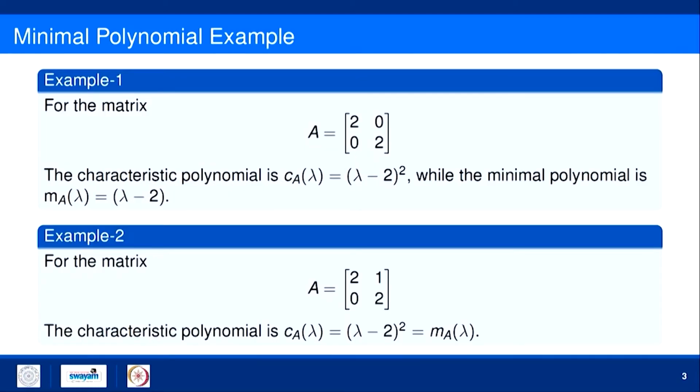Now see the example. Consider this 2 by 2 diagonal matrix. The characteristic polynomial of this is lambda minus 2 whole square, while the minimal polynomial is lambda minus 2, because this particular polynomial annihilates the matrix.